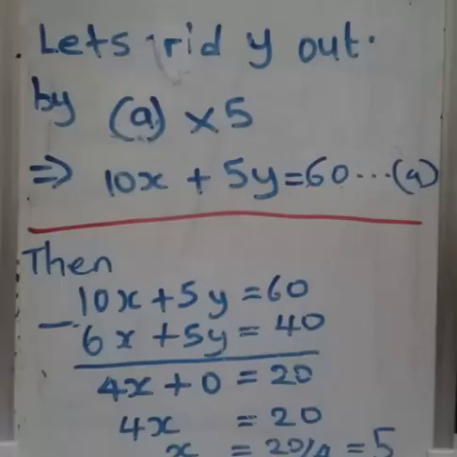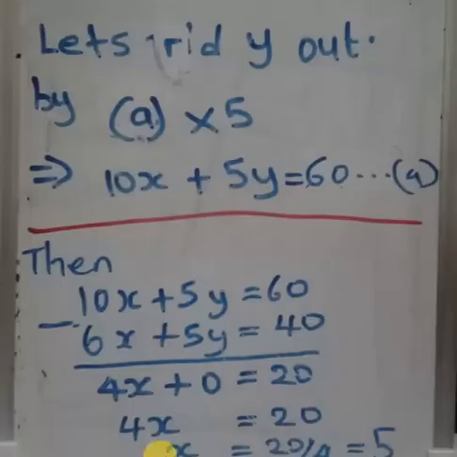Now that we have transformed equation A to be this, we now try to subtract this equation, which is the second one, equation B, from equation A. So we have 10x minus 6x will give us 4x. 5y minus 5y will give us 0. Then we have 4x is equal to 20. x is equal to 20 divided by 4.